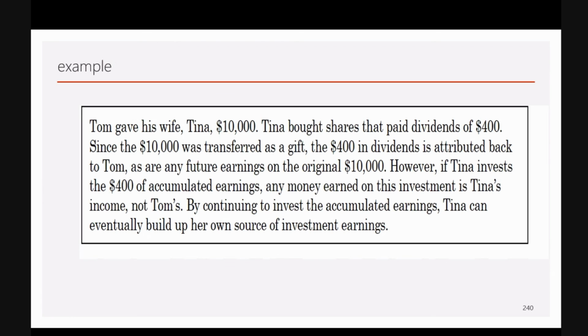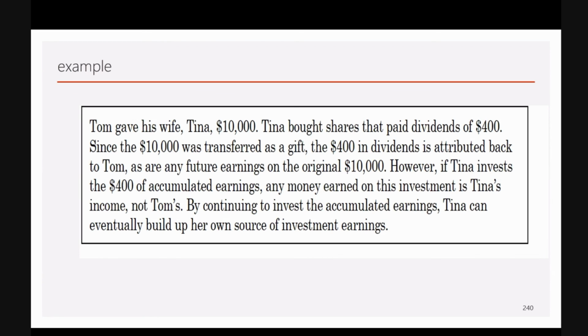But if Tina used it, in the first year they got 400, then the second year 500, and the third year 300. So what builds up is 1,200, right? 400 plus 500 plus 300. Then the total is 1,200.